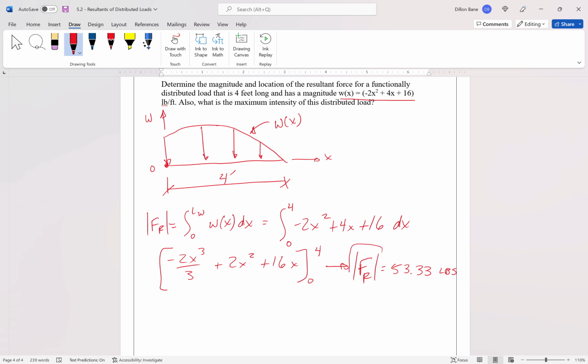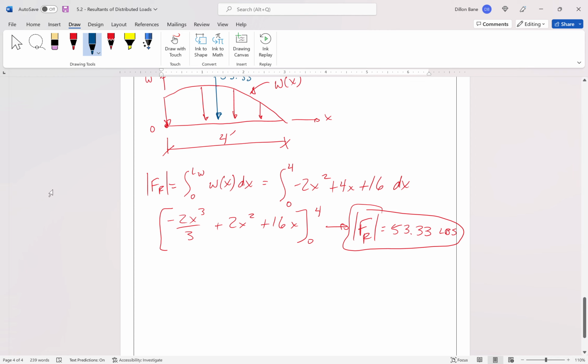Okay, so that's the total load of this functional load. The total load is 53.33 pounds. Now the question is, where do I put this 53.33 pound load such that it has the same effect as the distributed load?